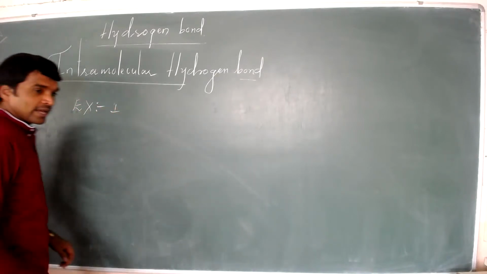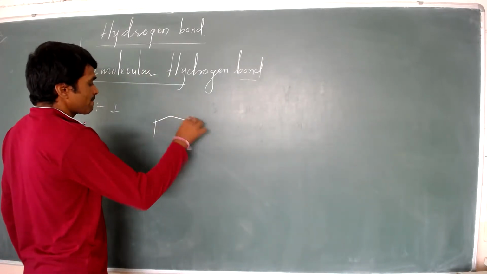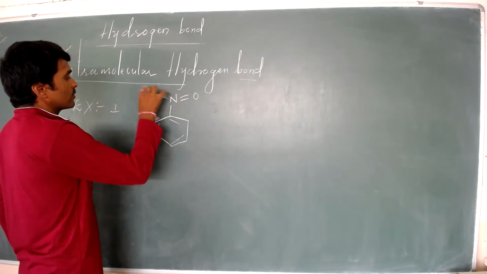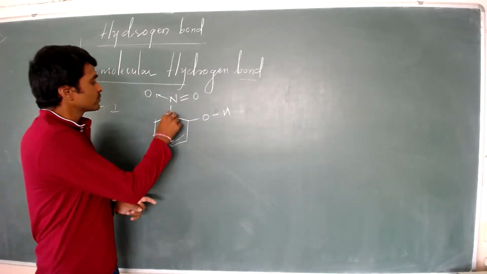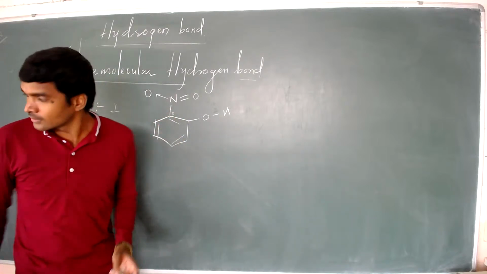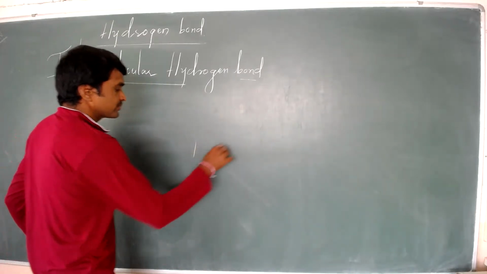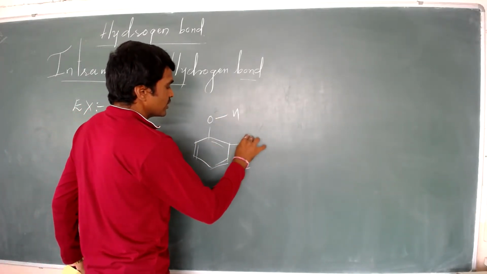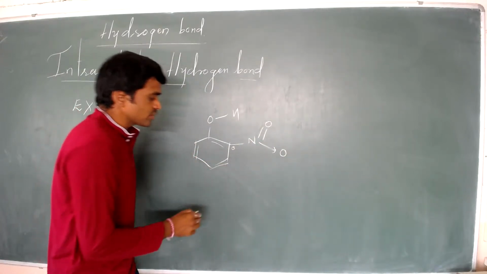See, for example, now I am going to take orthonitrophenol. To understand, I want to write it like this: OH and NO2 at the ortho position.